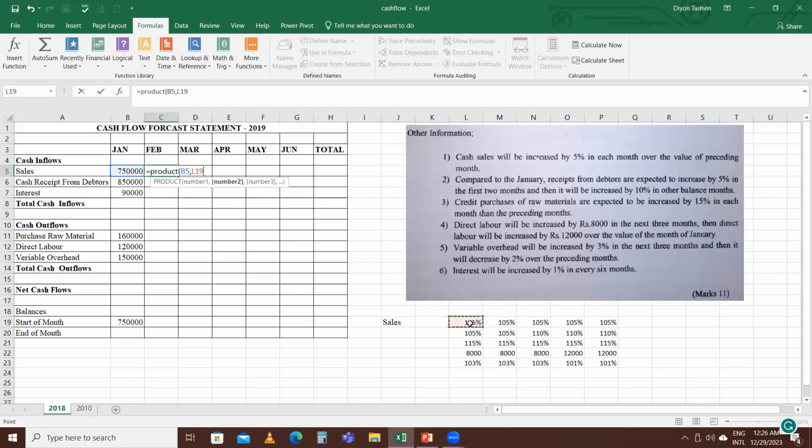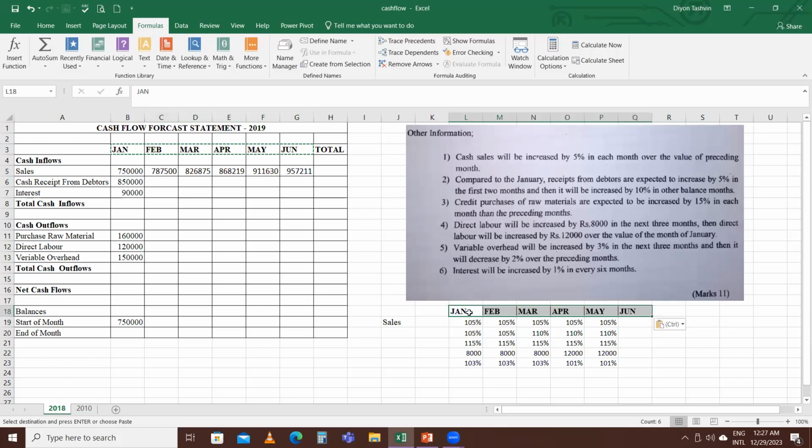So each month, this should be multiplied by 105%. Now, when I drag it up to the month of June, you can notice that each figure has been multiplied, but the rate is fixed.